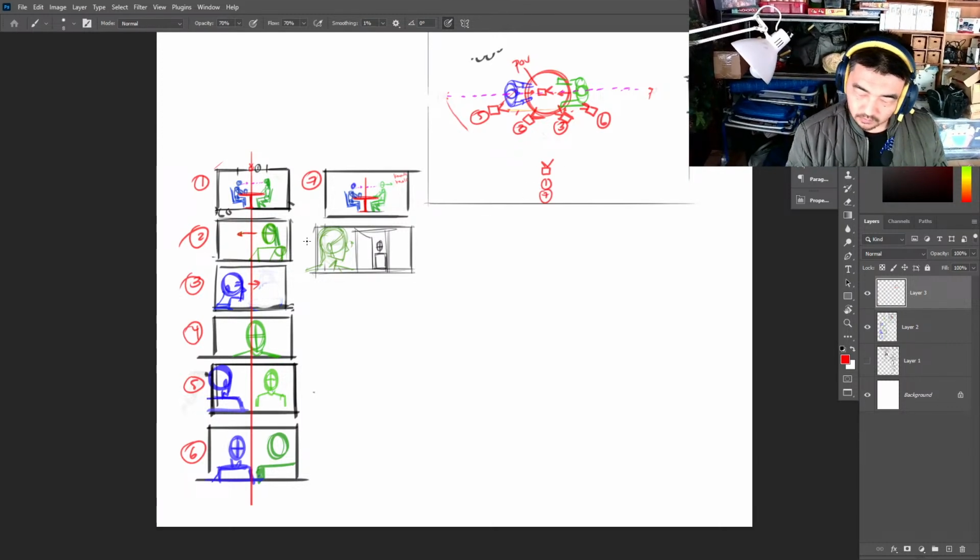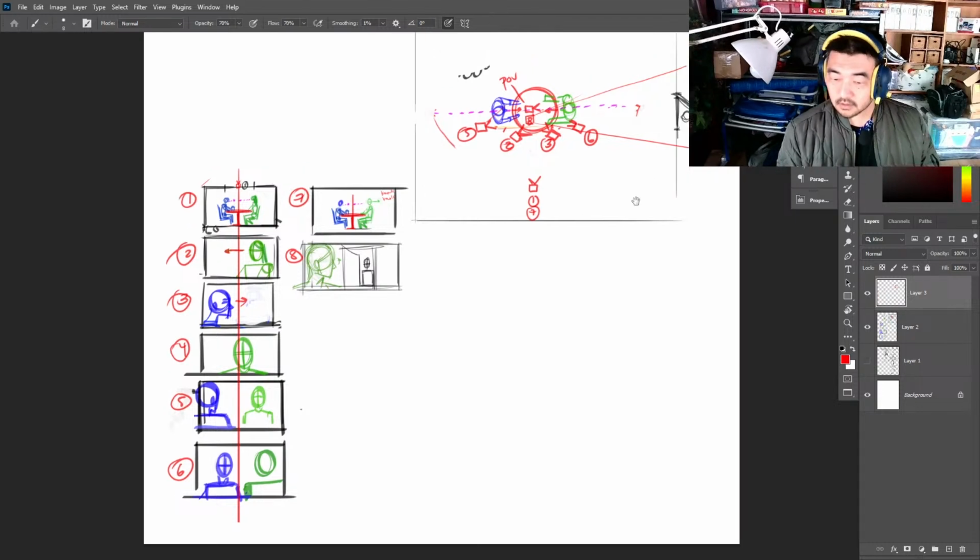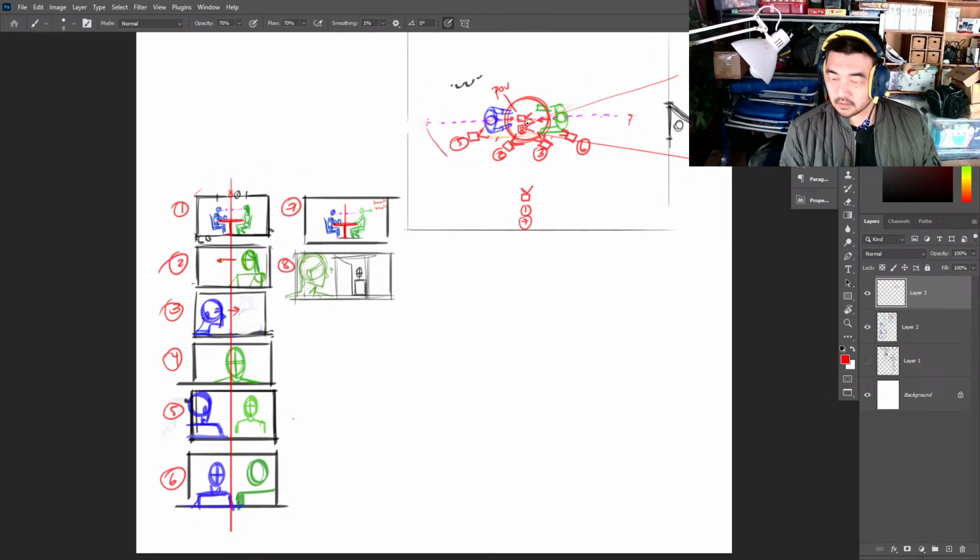And then we go 8, which we're still staying on this side of the line, because 8 is kind of like this. Camera 8 is like that. Now this person's coming this direction, so it still works.